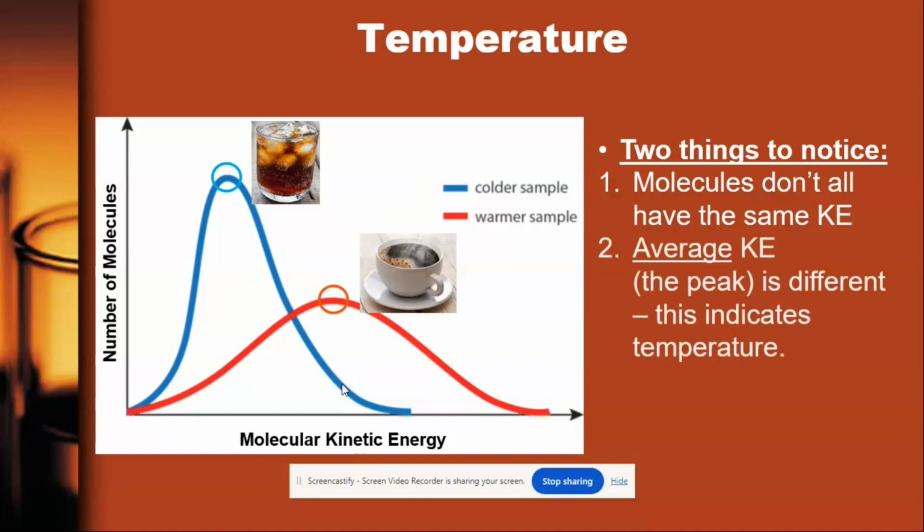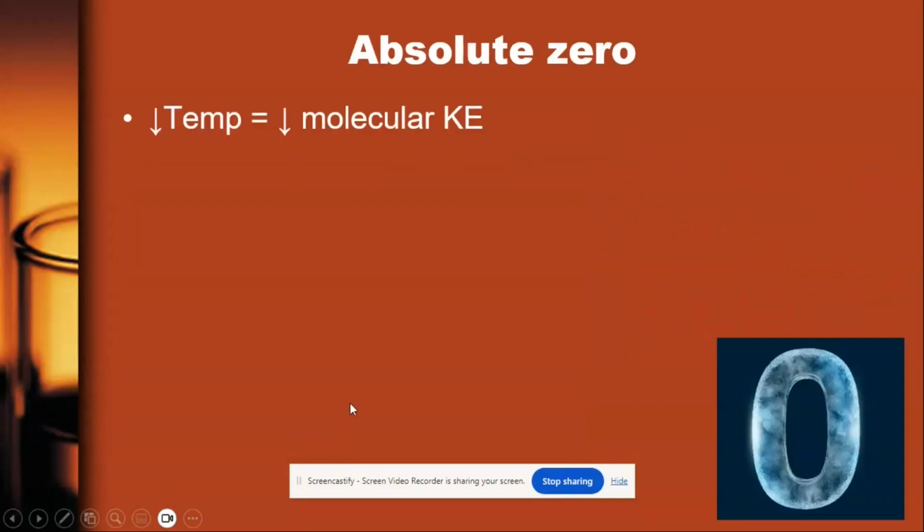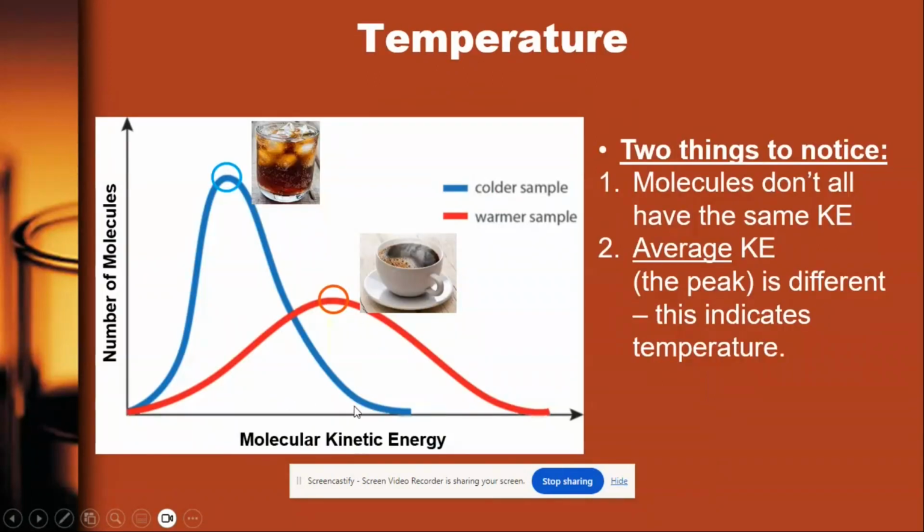But the important thing to see here is that the average kinetic energy is the kinetic energy in the middle, where you can see most of the molecules in this cup of coffee have an amount of kinetic energy that is around this area. And most of the molecules in the soda have an average kinetic energy that is around this area. So that average is different. It is higher for the warmer sample.